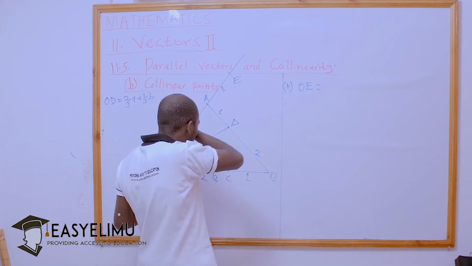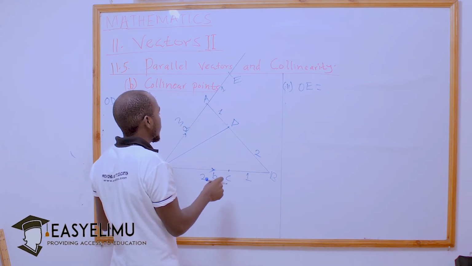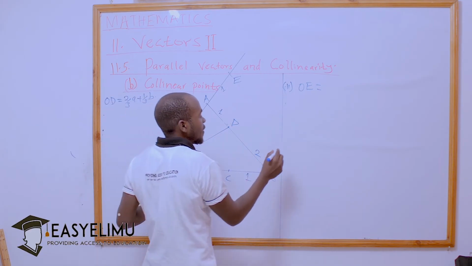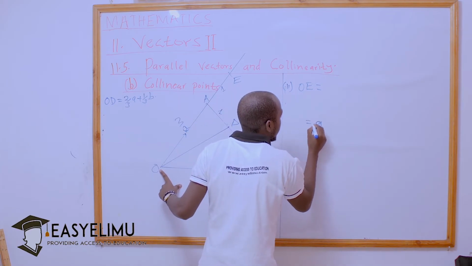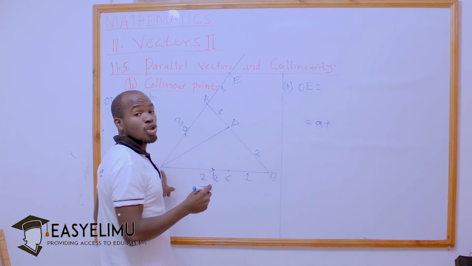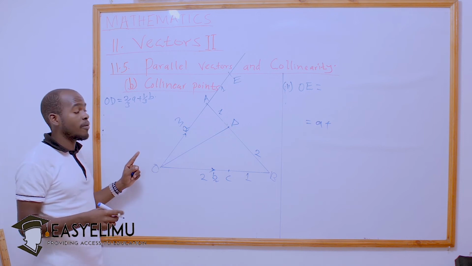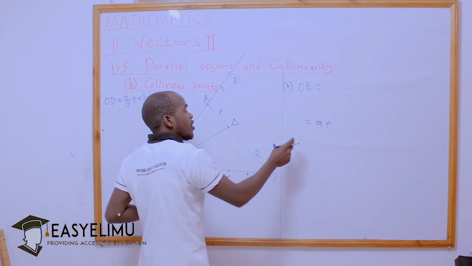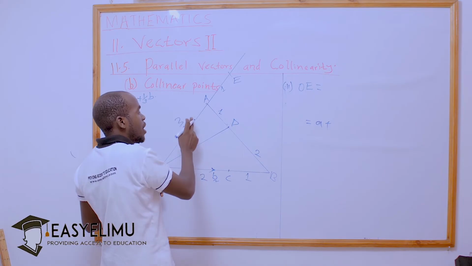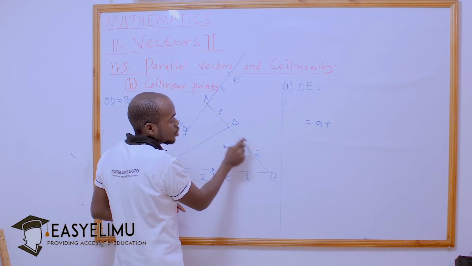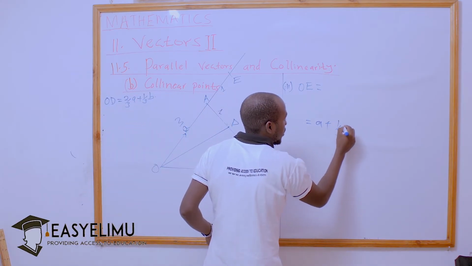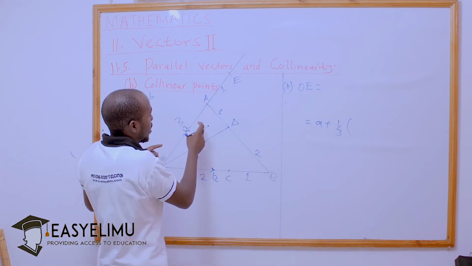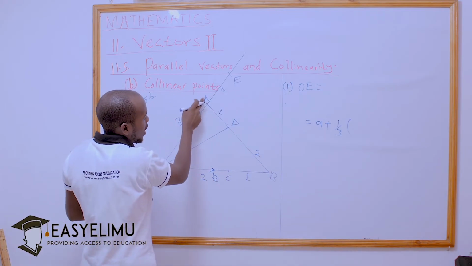So we can still use the other way here, and that is OA, which is vector A, plus 1 over the total ratio, that is 1 over 3, of line AB.